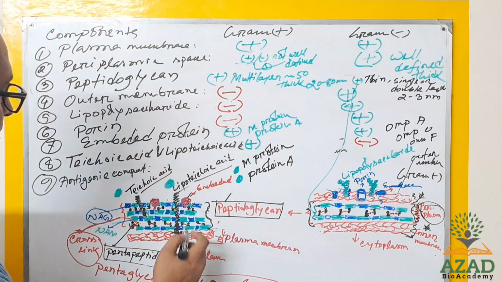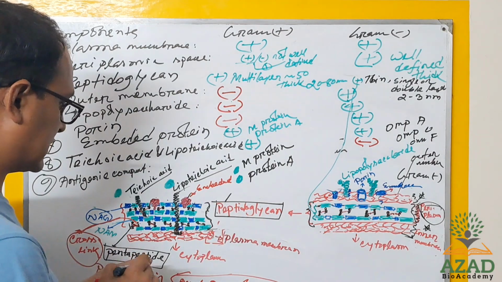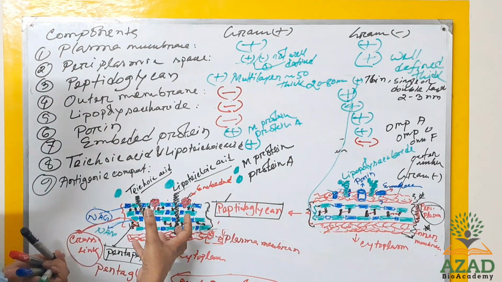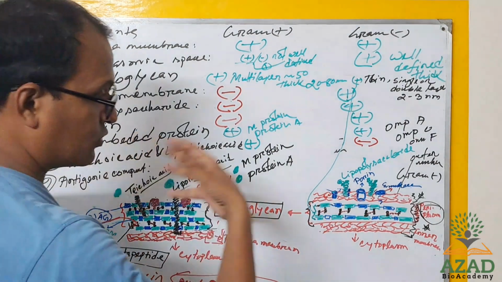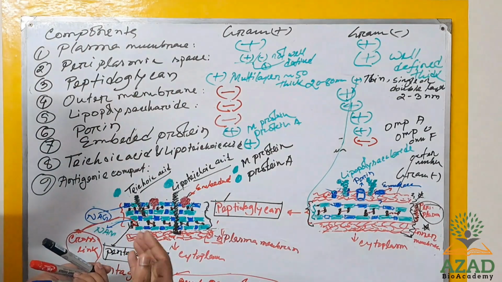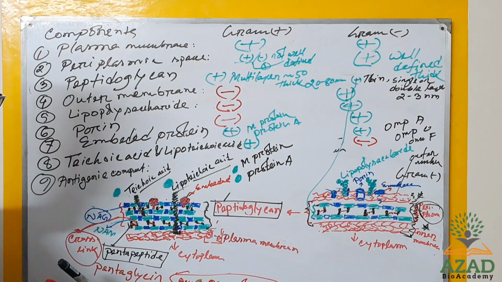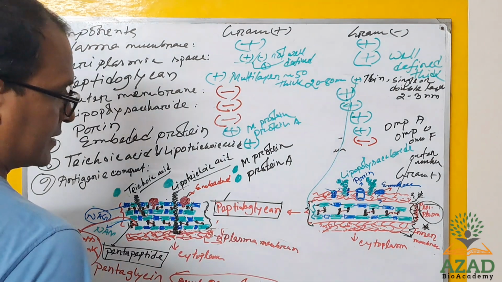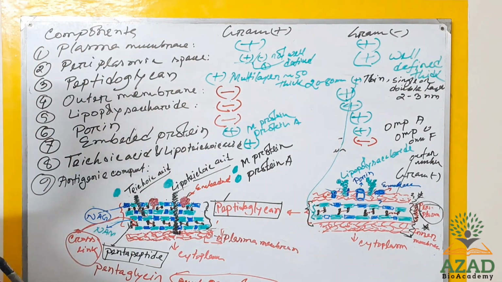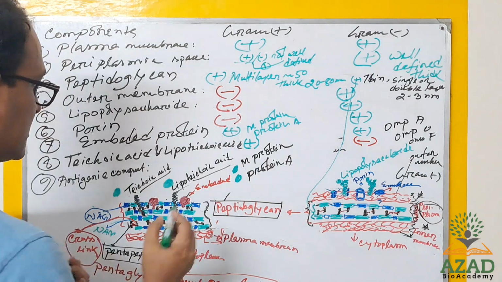And also the peptidoglycan. The peptidoglycan will act as an antigen. It's a very complex matter, but a part of the peptidoglycan, a fragment of it, can act as an antigen.